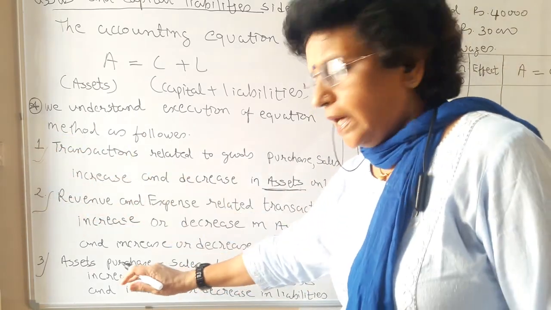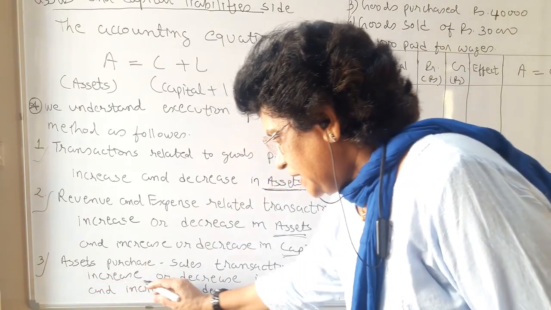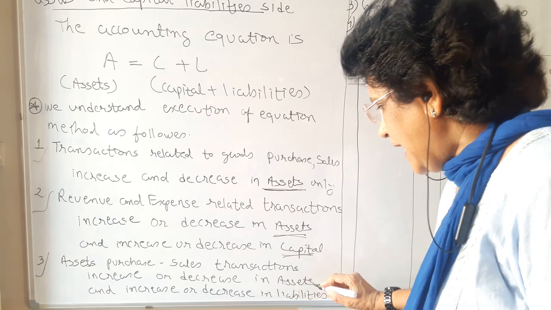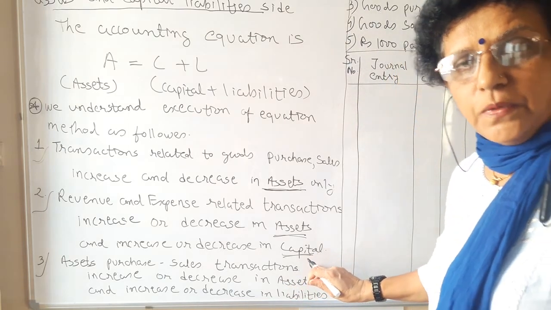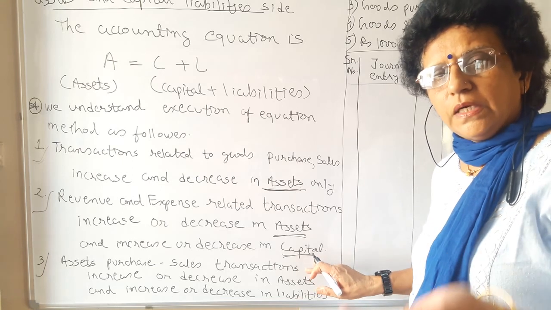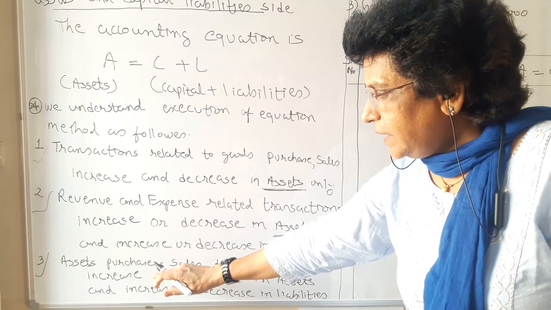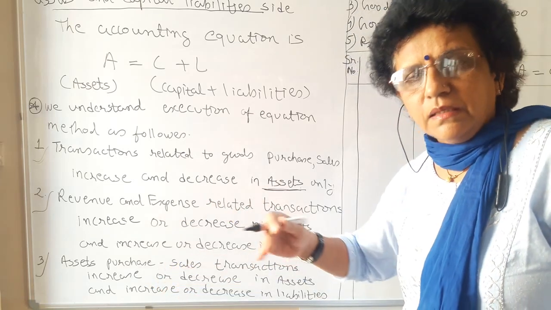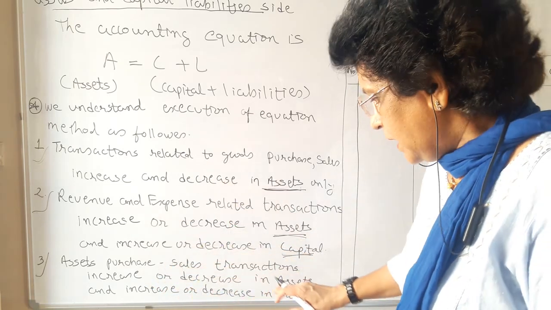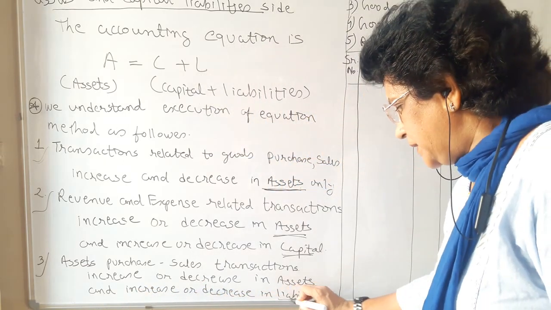When you have this type of transaction, one effect will be an increase or decrease in asset. When you purchase for cash, cash goes out. When you sell old furniture or an old asset, cash comes in. So sometimes your asset may come in, sometimes an asset may go out. The second is an increase or decrease in liabilities.